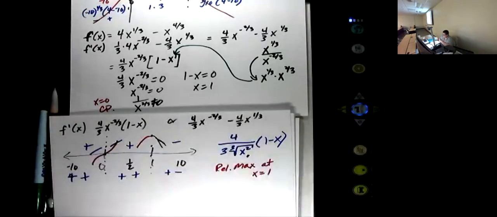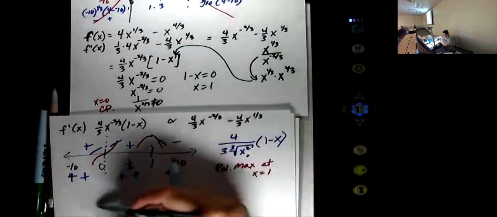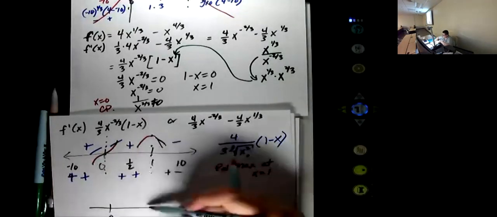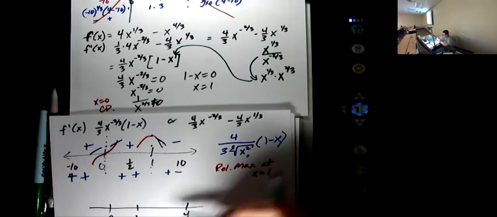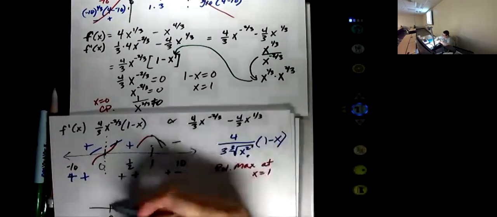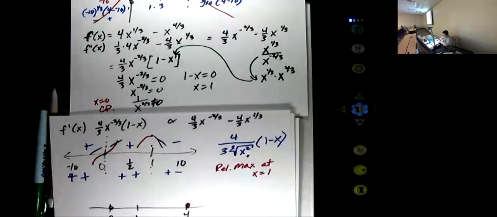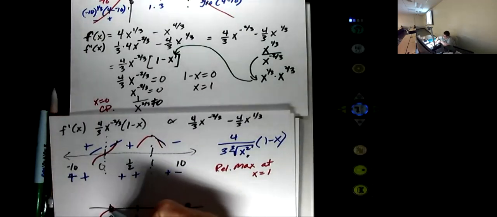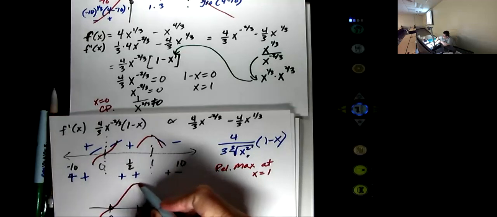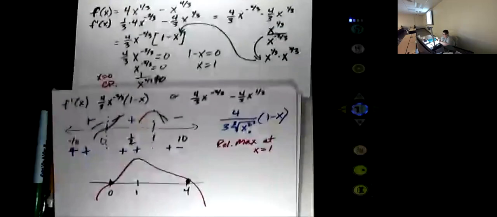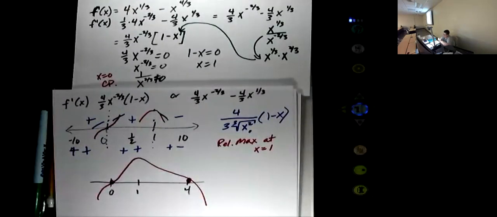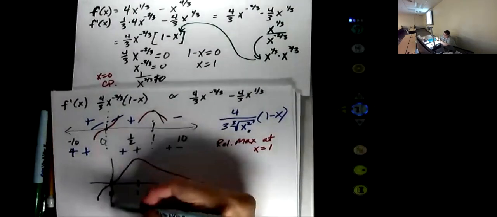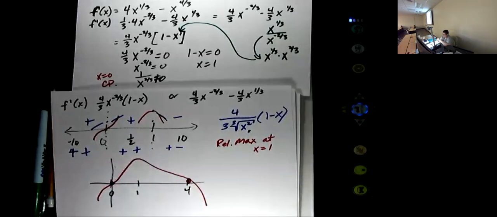So my guess would be, right now we've got 0, 1, and 4. We know it crosses at 0 and 4. I'm thinking it does something like this, hits a max at 1, comes down and does something like that so far. But let's check concavity. And we'll be able to get a little bit better picture.